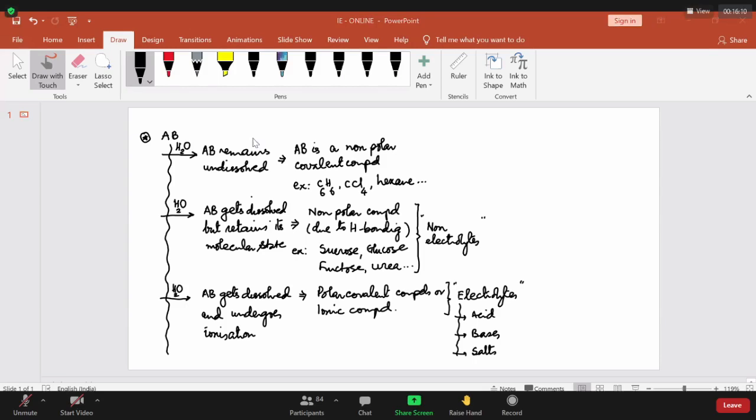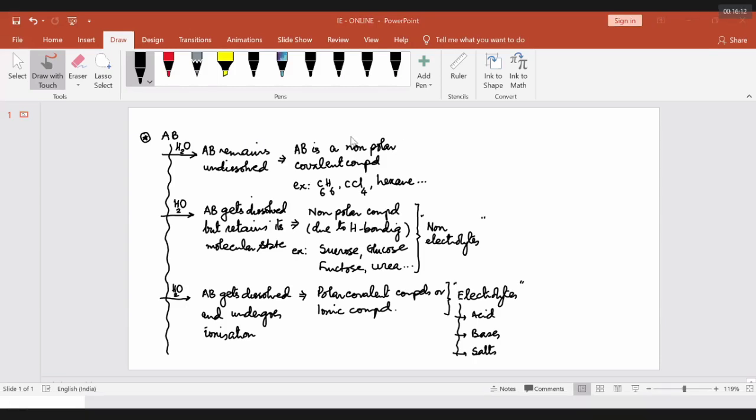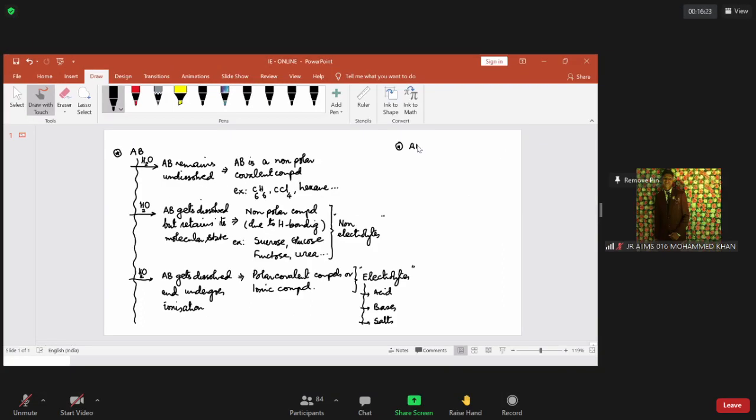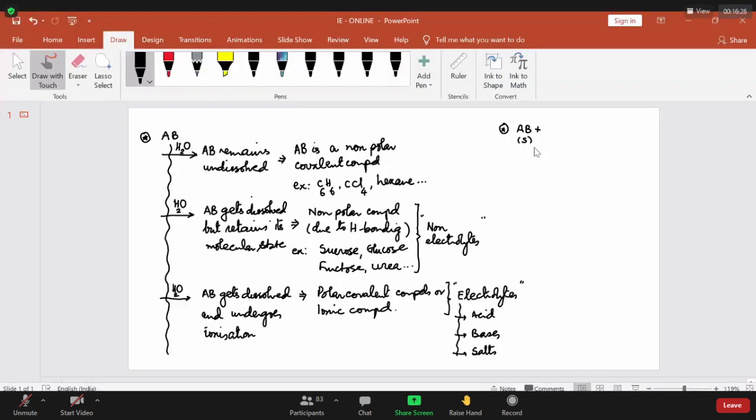For that purpose, what we do, come on, take an acid, base, or an electrolyte. Who is that fellow? AB. Now see what happens. If you have AB, if you add water, who is this fellow? Solid. Let us say, for example, sodium chloride. If you take this along with water, then what happens?